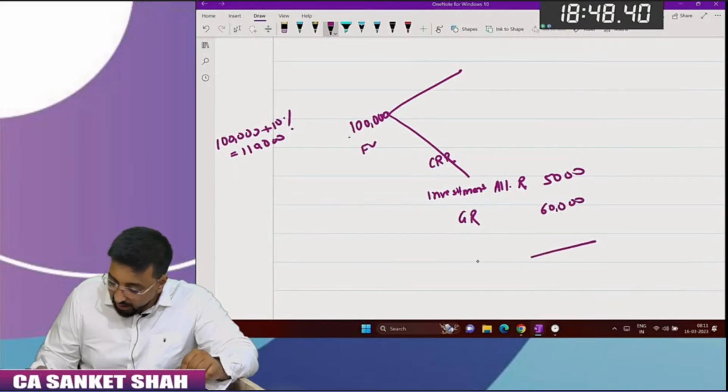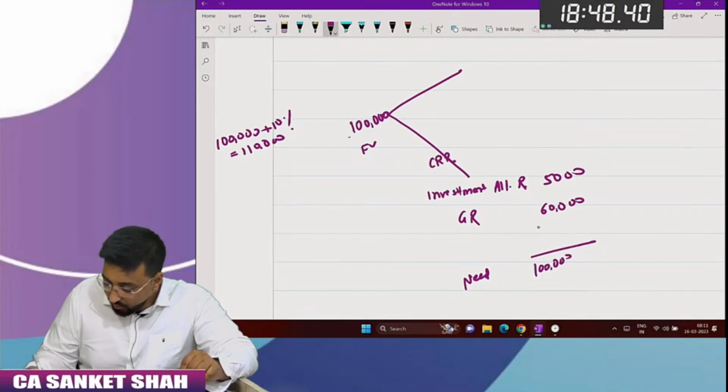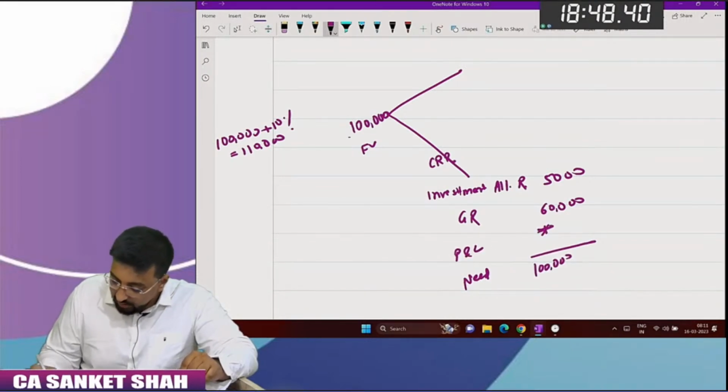And we need 1 lakh to maintain. So the balancing figure I will take from P&L. So 35,000 balancing figure I will use from P&L.